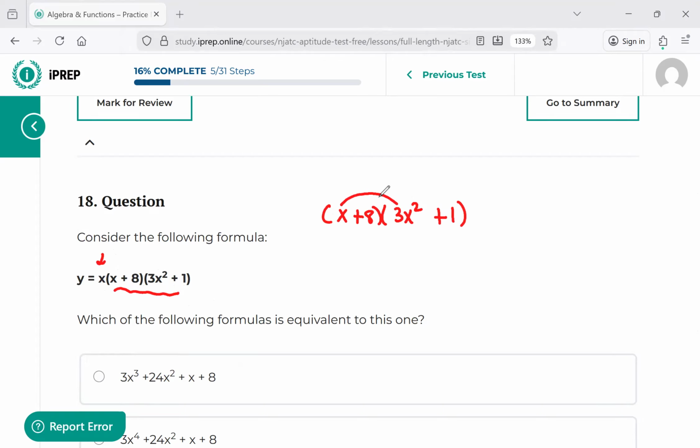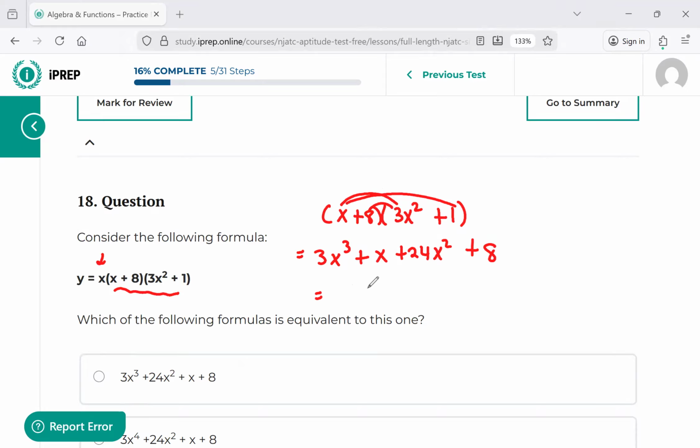So FOIL this out. x times 3x squared is 3x cubed. x times 1 is positive x. 8 times 3x squared is 24x squared. And then 8 times 1 is 8.